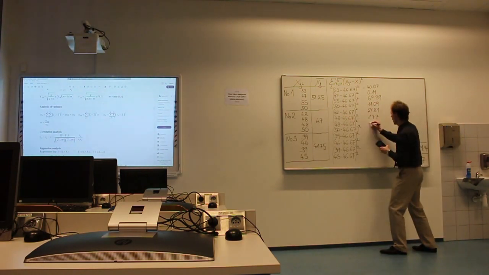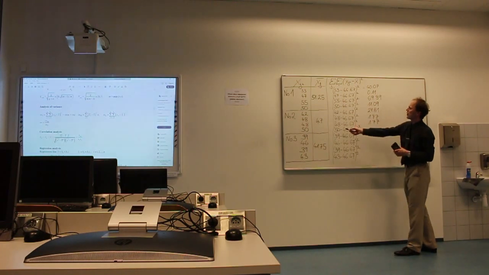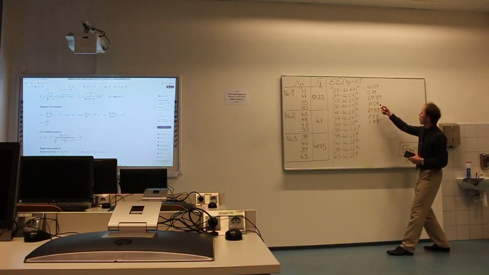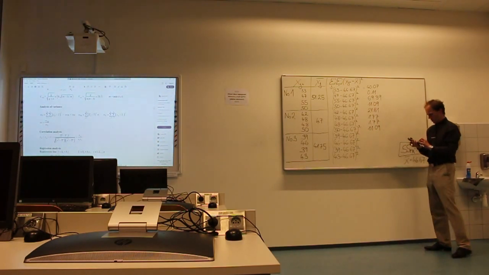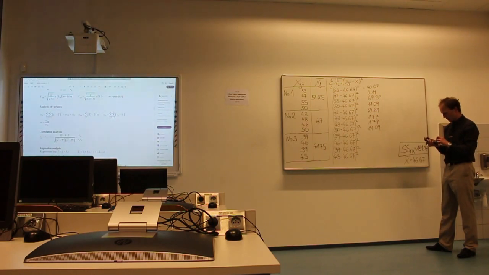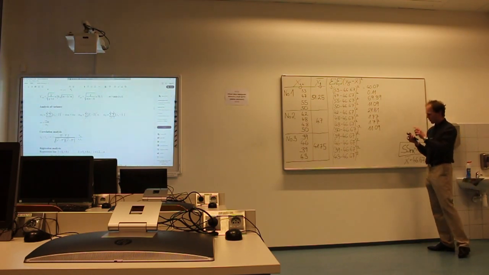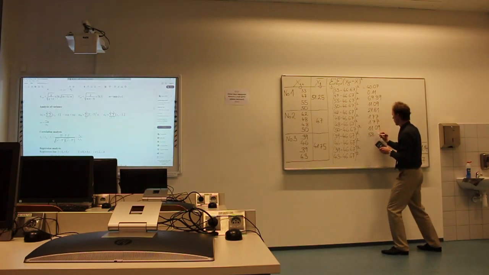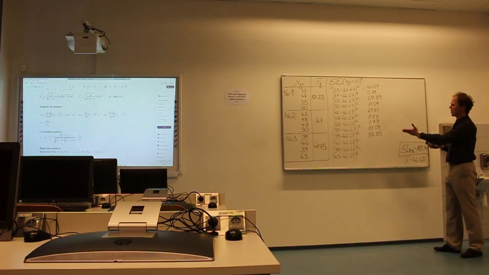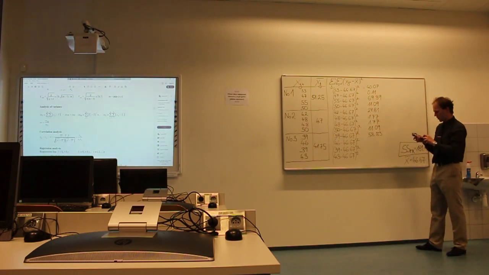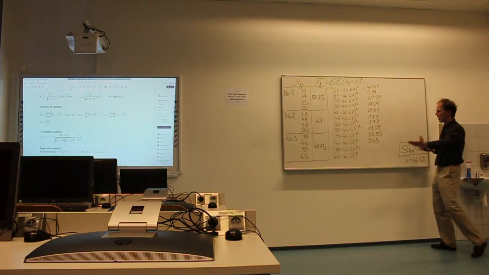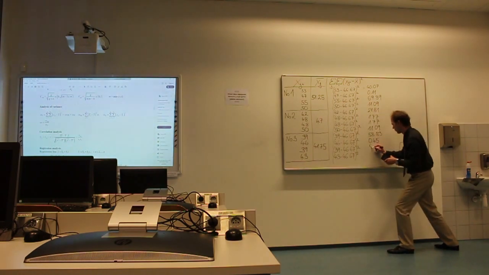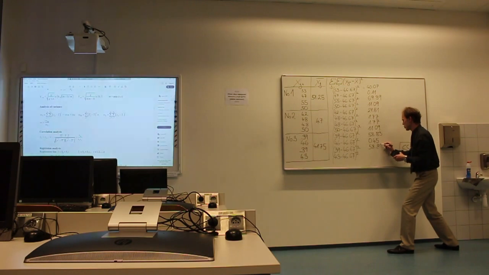Again 48, 1.77. 50, we already had 50 here, 11.09. 39 minus 46.67 squared, 58.83. 46 minus 46.67 squared, 0.45. 39 again, 58.83.